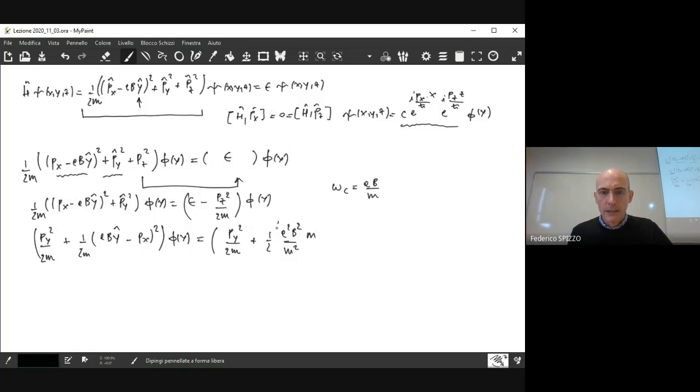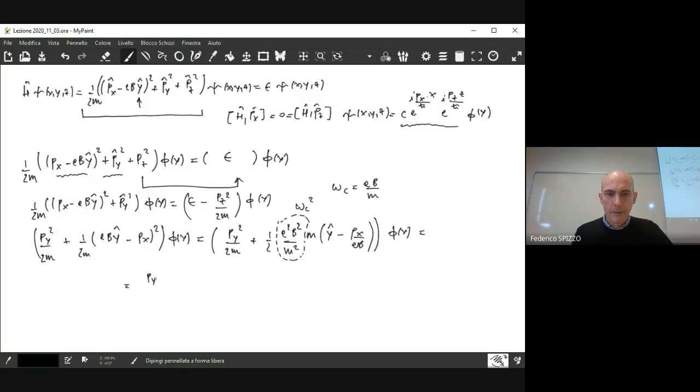So this is omega c squared, and then within the parentheses I have y minus px divided by eB. This is all applied to phi y.